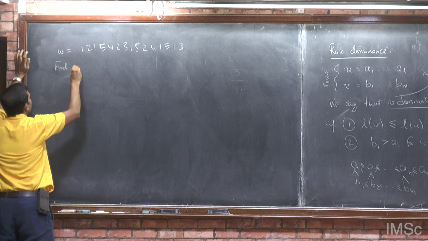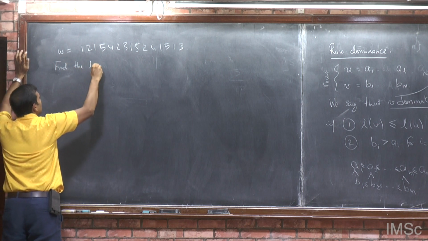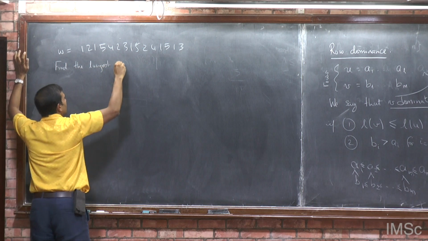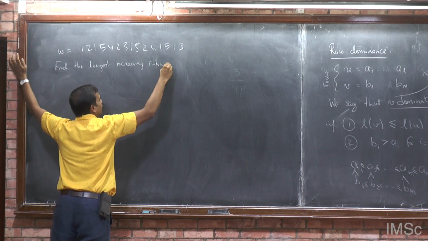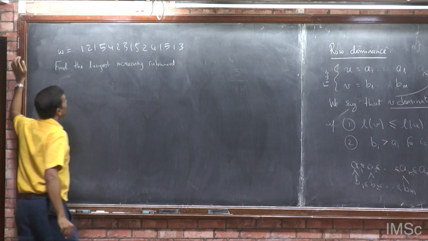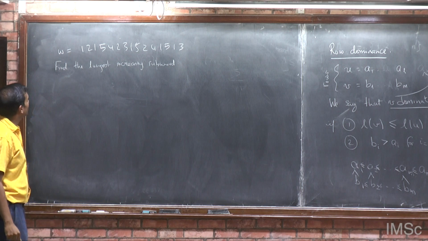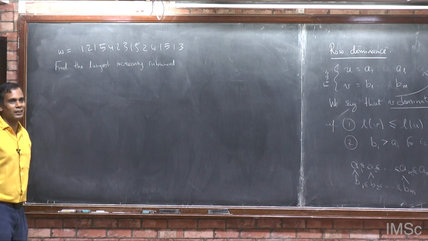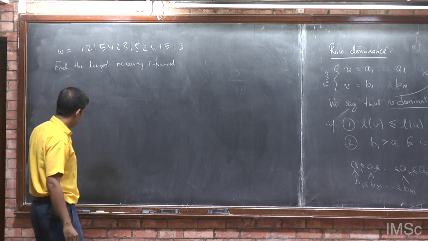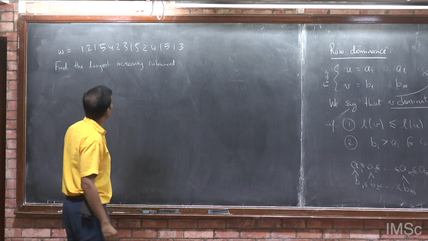So, find the longest increasing subword. Some of you probably have the answer already. Any answers? Yeah, there is one of length 5. Okay, maybe this was not a great example.